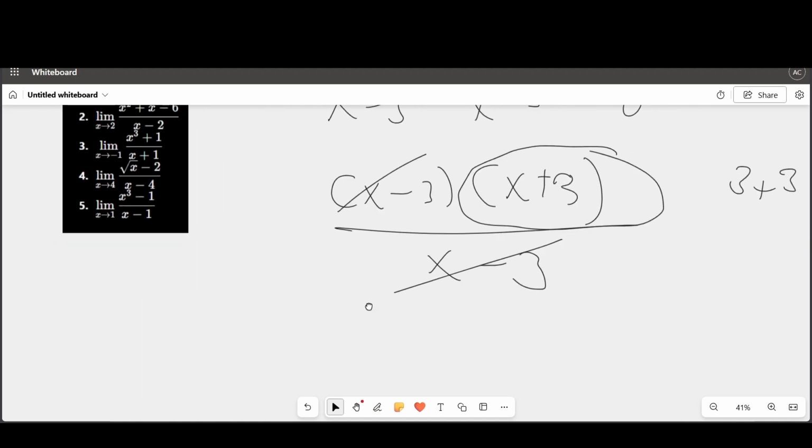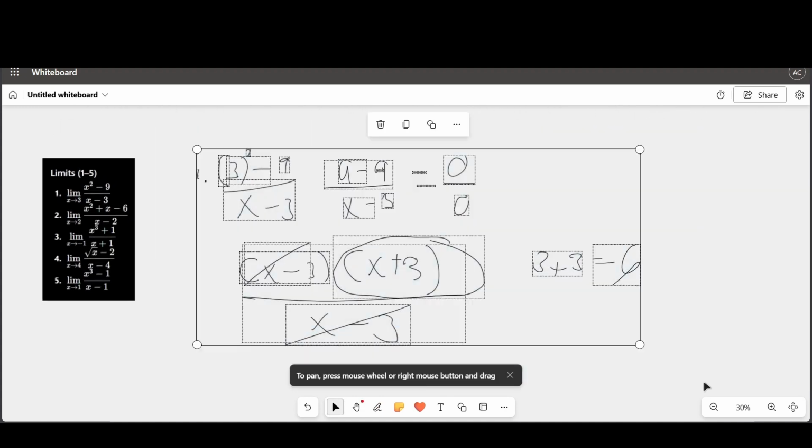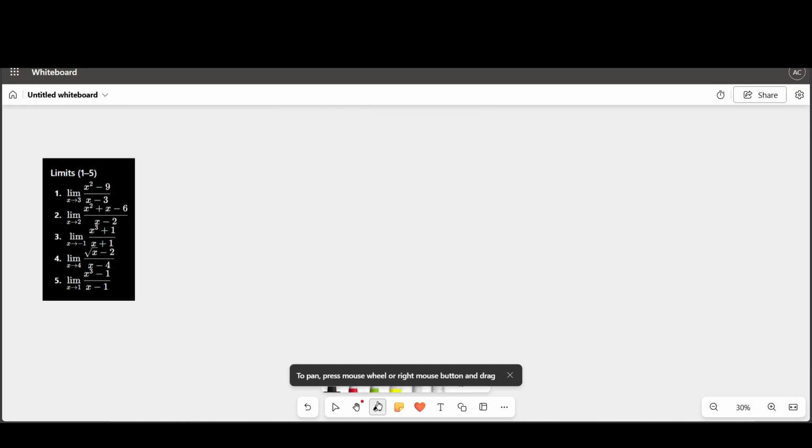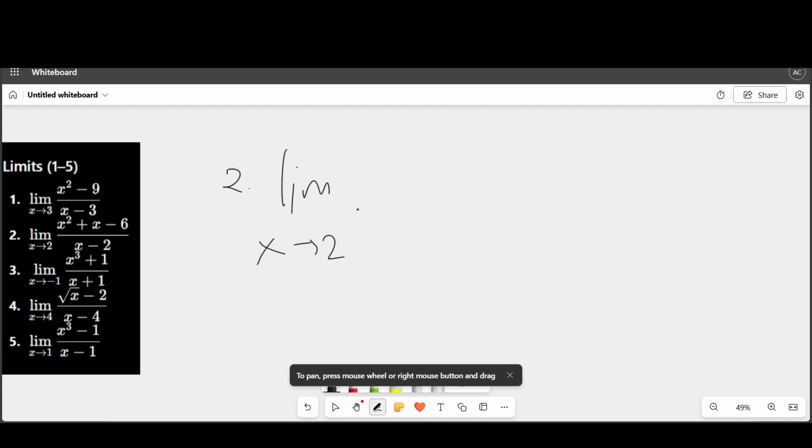Okay, so let's start with the second problem. But first I'm going to erase this, because there's not a lot of space in this whiteboard. So let's start with the limit as x approaches 2. I already know the answer is probably going to be 0 over 0, but hopefully it's not. We're just going to substitute the unknown variable with 2.